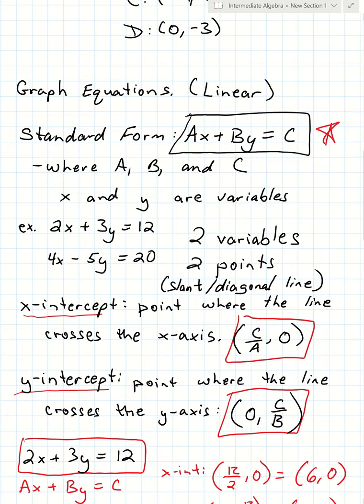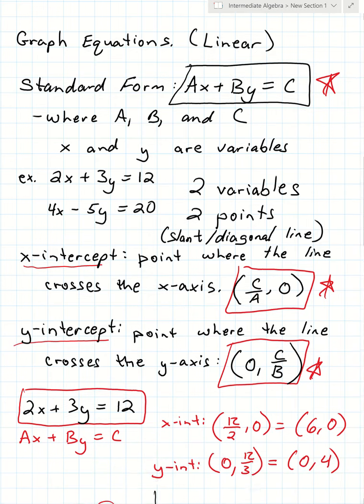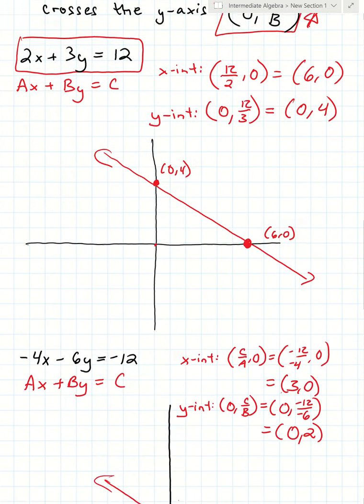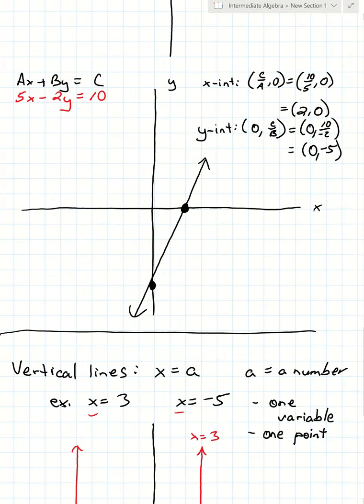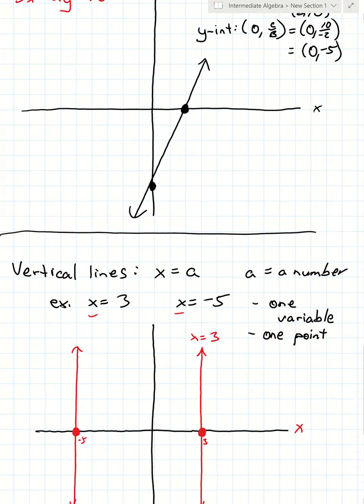Those are the 2 points. And what we see here is how we get them. This is kind of like a little formula to follow. Once you have the 2 points, you plot the points and connect the dots, and you will form your diagonal line. The other types that we saw, the non-diagonal, the non-slanted lines, initially we saw vertical lines.